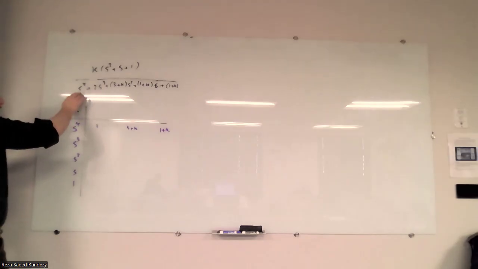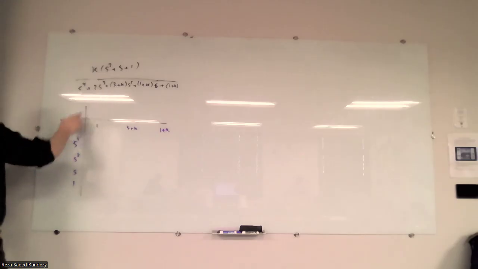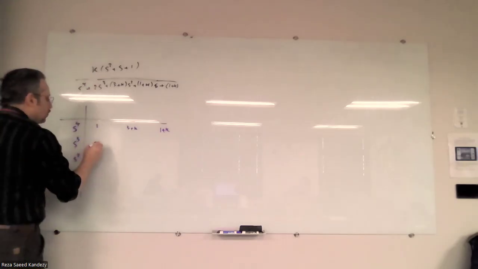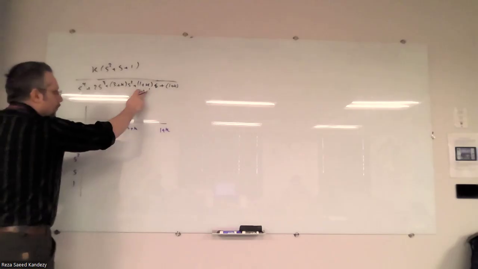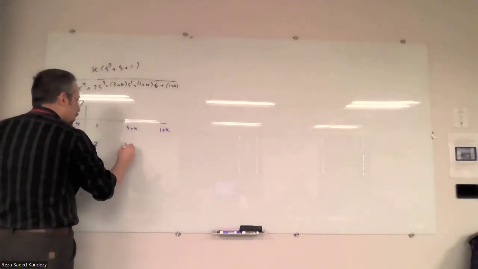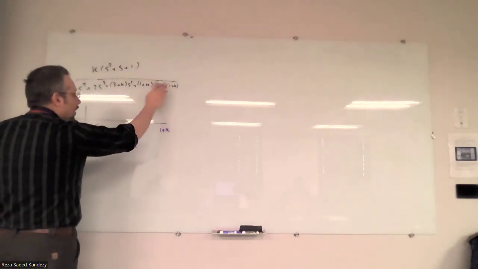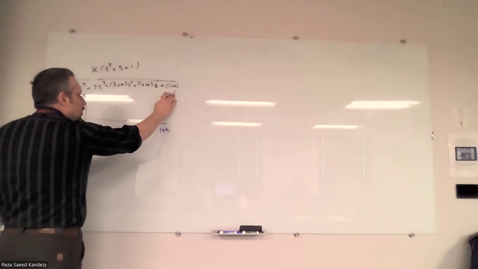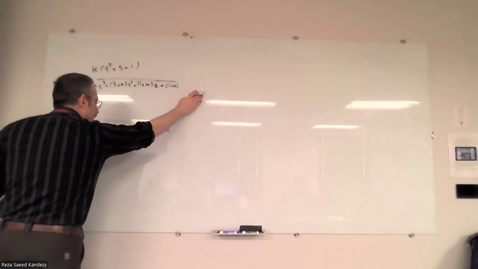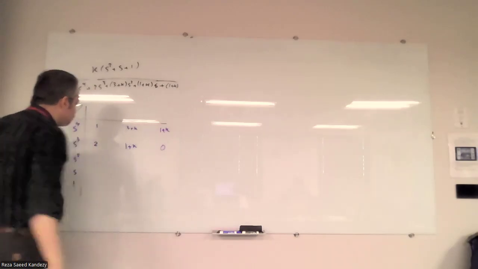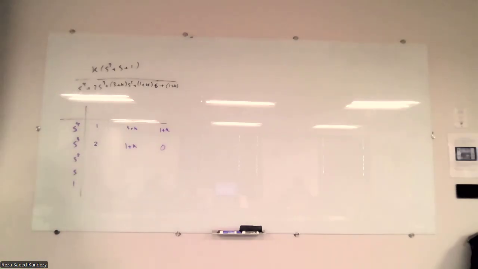So we already considered S4, so we don't input those coefficients here. We start with S cubed, and the coefficient is 2. We skip 1, then the next one is 1 plus K. And if we skip the next one, we don't have any term, so it's 0. Okay, now, that was the first two rows.